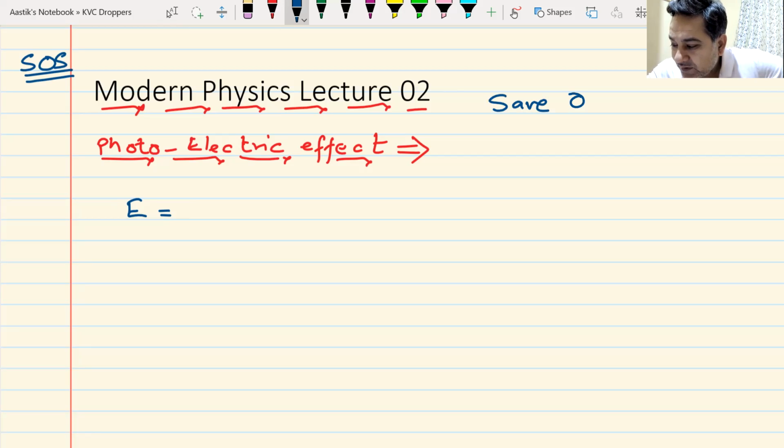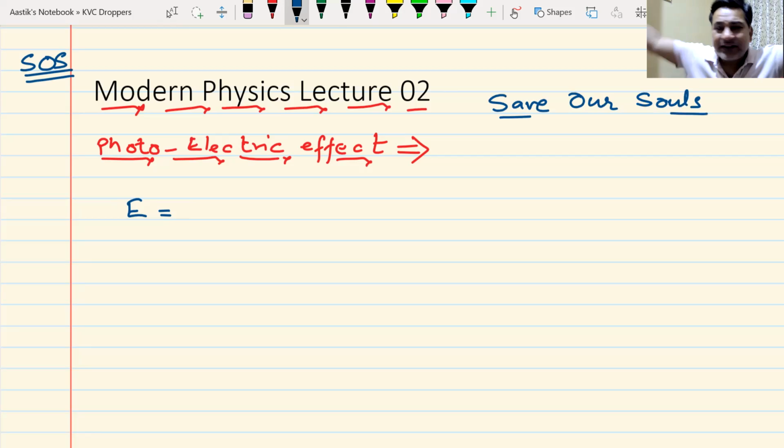Almighty God, please come and save our souls. When the ship is abandoned and you're caught in the deep sea, you send SOS messages. Save our souls. Because then you are praying to the Almighty: send someone to help us. Now, if you are sending SOS messages in the physics class just because you don't remember what we have done in the previous class, well, God is not going to help you. Okay? God will not help you.